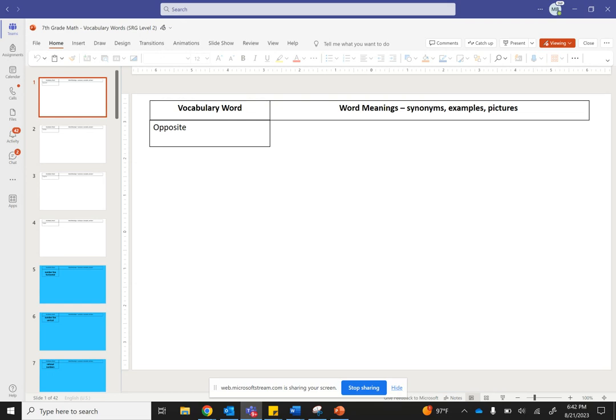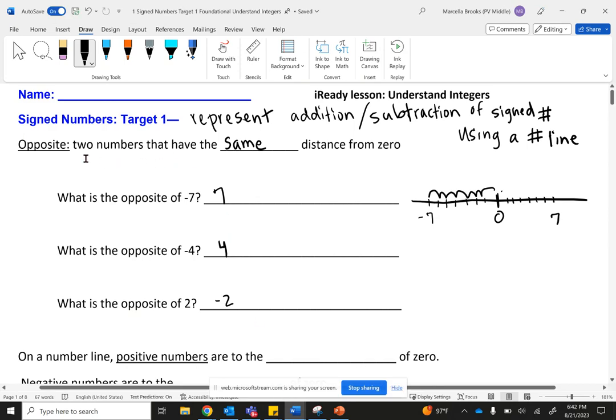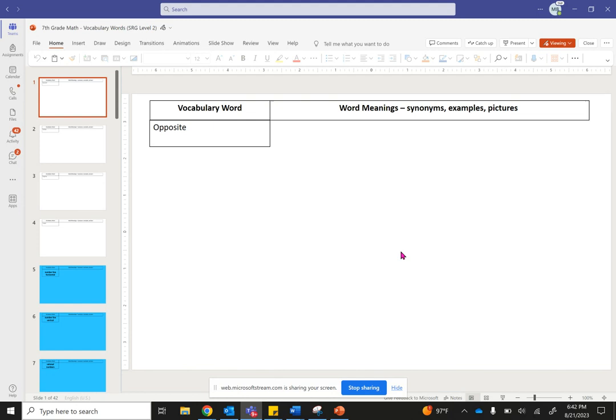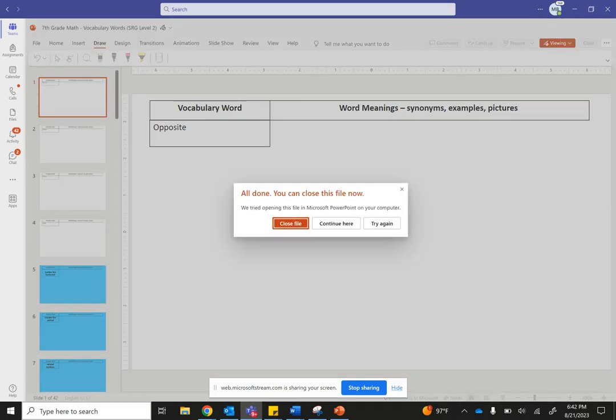Okay, so our first word is opposite. We just did that in our notes. So what we're going to do is write down the definition. What did we write down as our definition? Two numbers that have the same distance from 0. So let's write that down. You actually have to open it in PowerPoint.